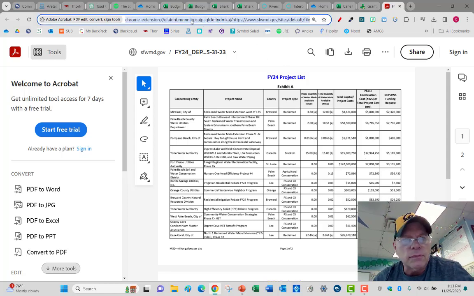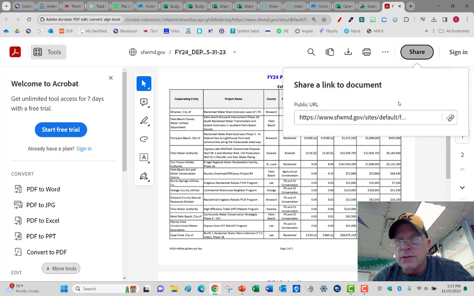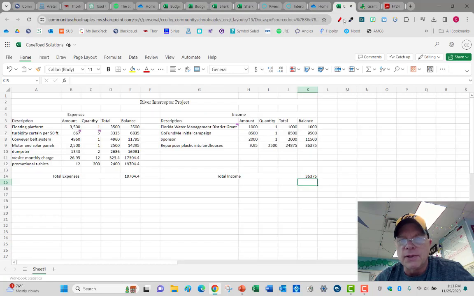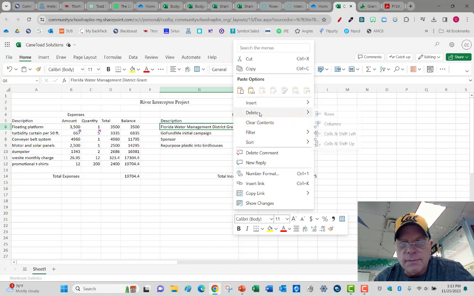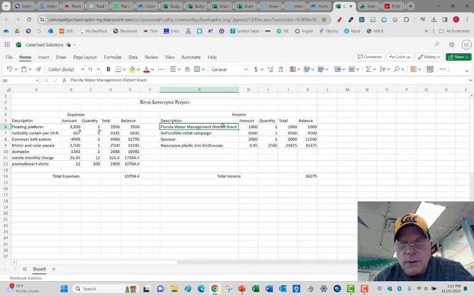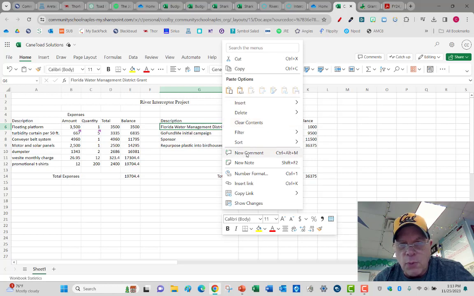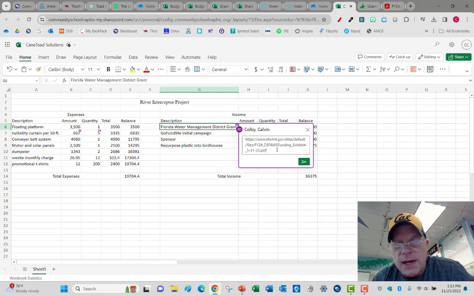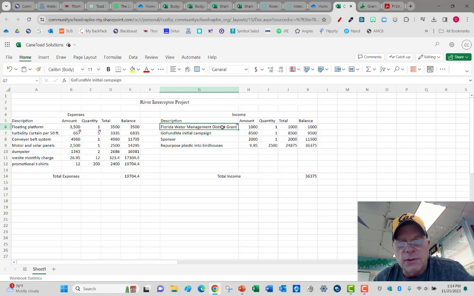I'm going to use this instead. I'm going to copy that link, and then I'm going to go to my budget that I was showing you, and I had entered a comment that I didn't like, so I'm going to enter a more realistic comment, new comment, and put the URL to the PDF, so that my project partners, my group mates, and my investors, and anybody else looking at this can now get that information on their own from my budget.